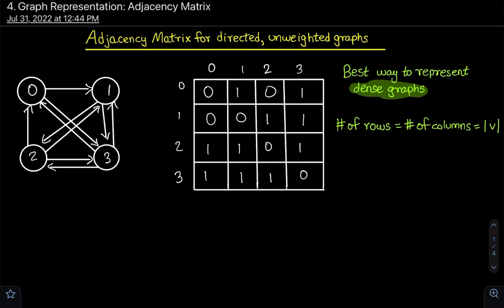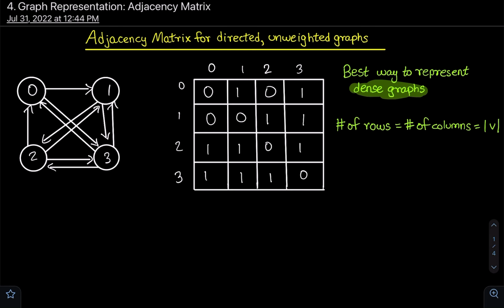And similarly, there is an edge from vertex 1 to vertex 2, so we go to 1, 2 and put a 1.